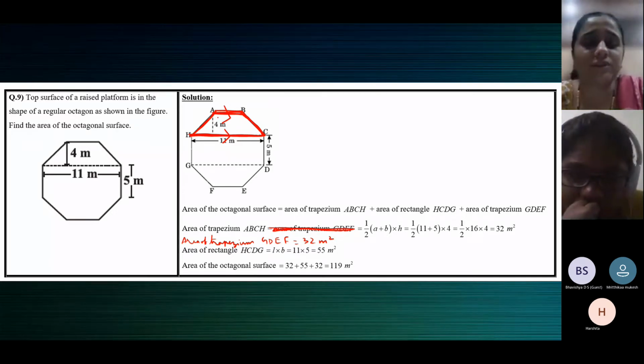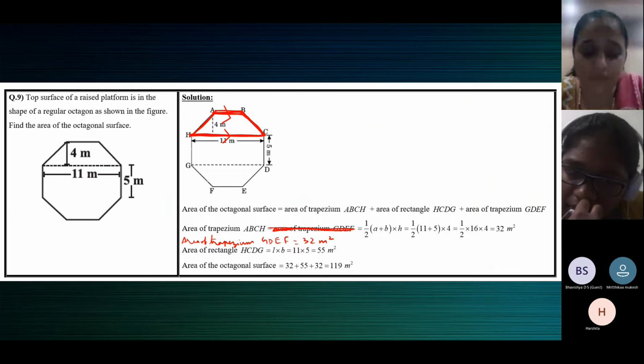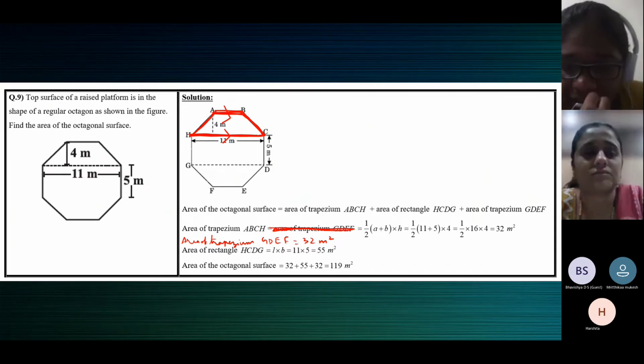And what is the distance between the two parallel sides? 4 meters. What is the length of AB?